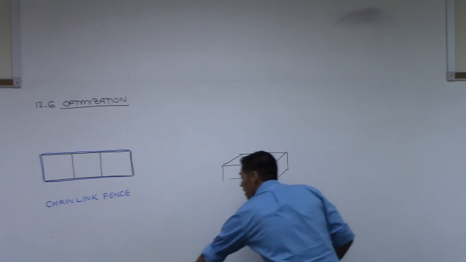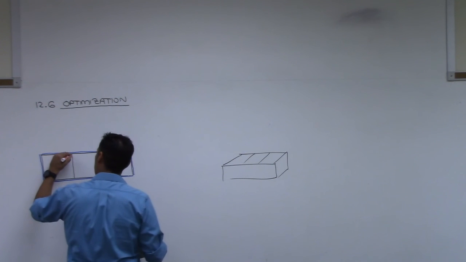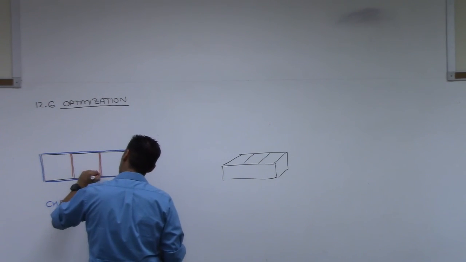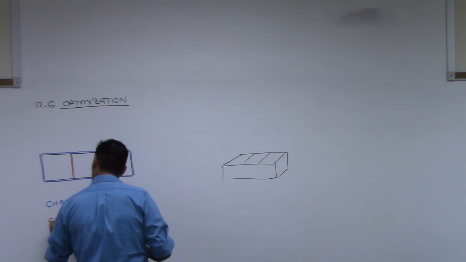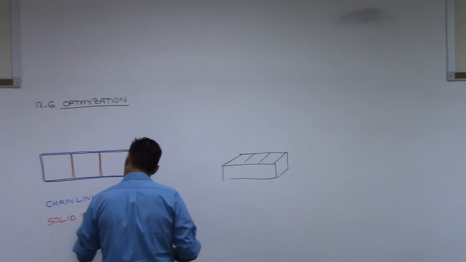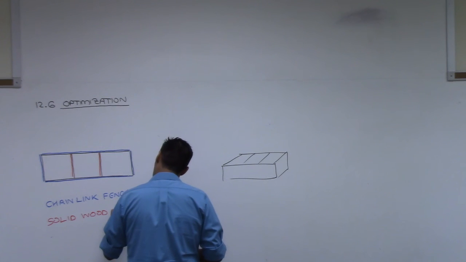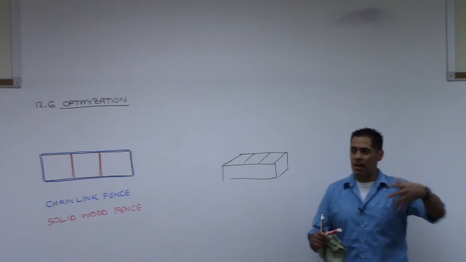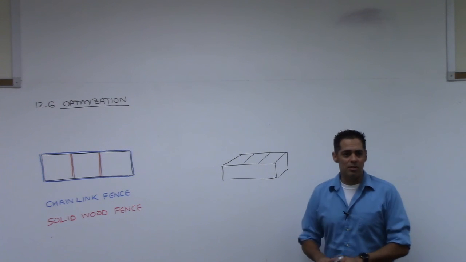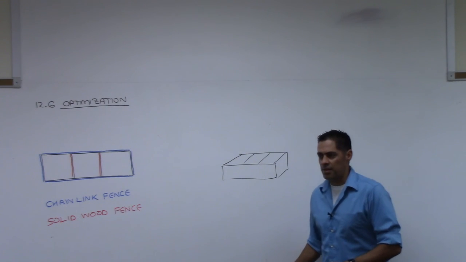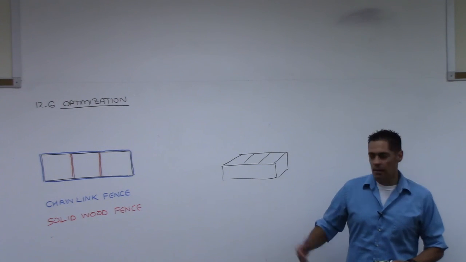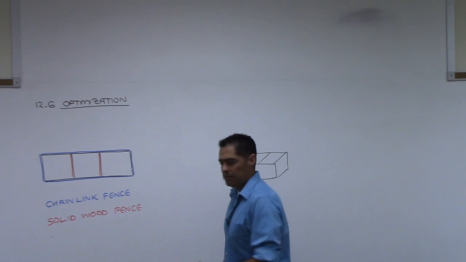And let's say that everything here in red is going to be solid wood fence. So I want my animals to be able to look out, but I don't want them messing with each other or getting each other all stressed out, so I keep them from looking at one another. That make sense? Yeah? Okay.